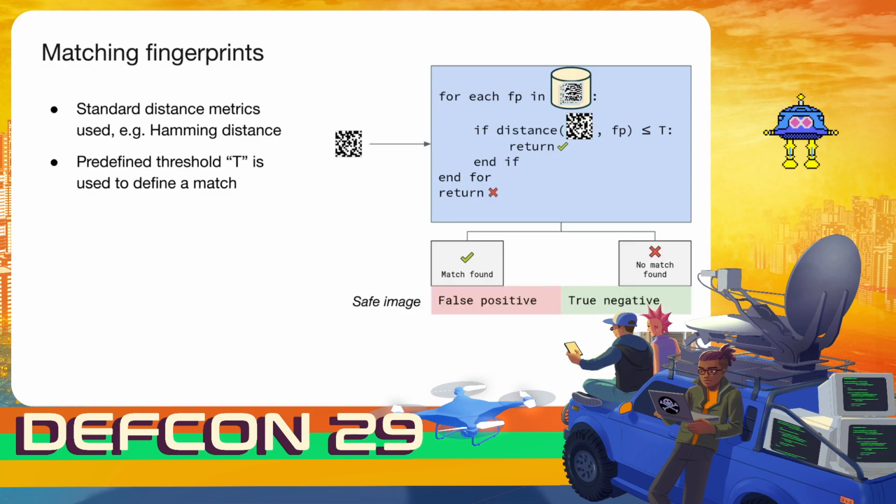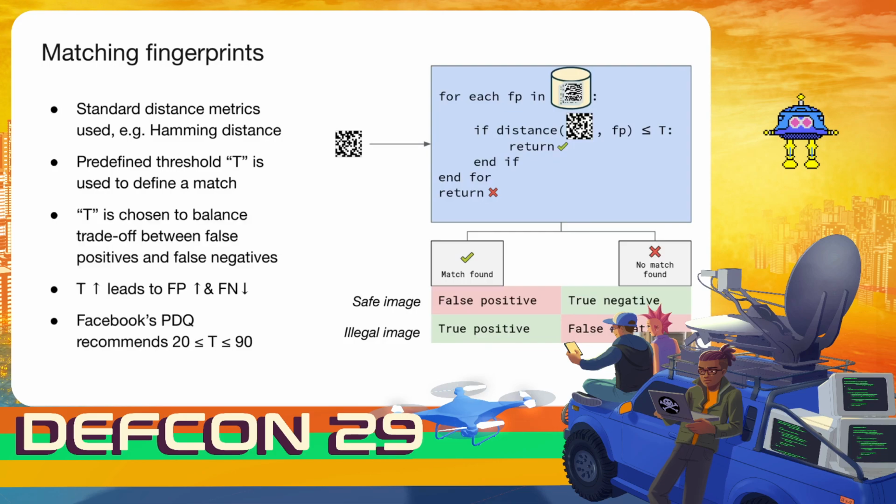If it's a safe image, ideally we would want it to not find a match. A safe image is an image not in the database, so if no match is found, we call it a true negative. If a match is found, we say it's a false positive. Similarly, for an illegal image, ideally we want a match to be found, so that's a true positive. If no match is found, we say it's a false negative. A threshold T is chosen such that it tries to balance between the false positives and false negatives.